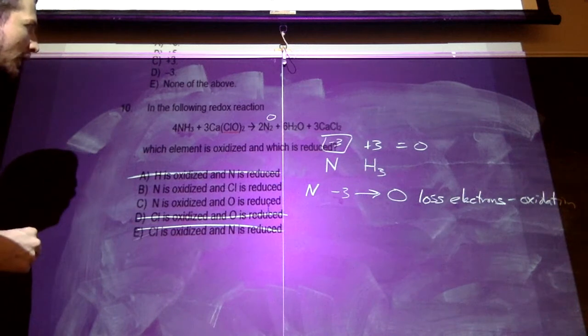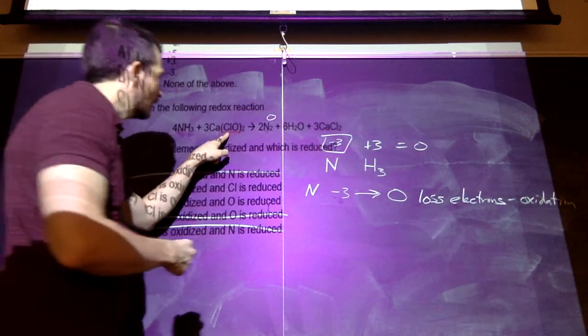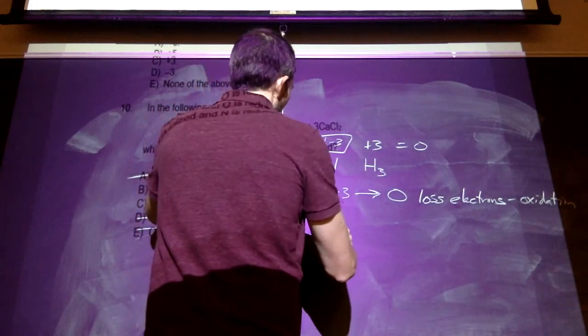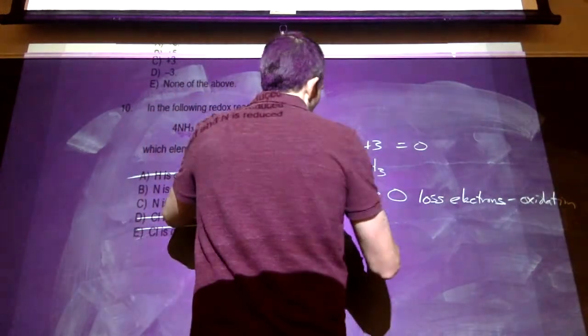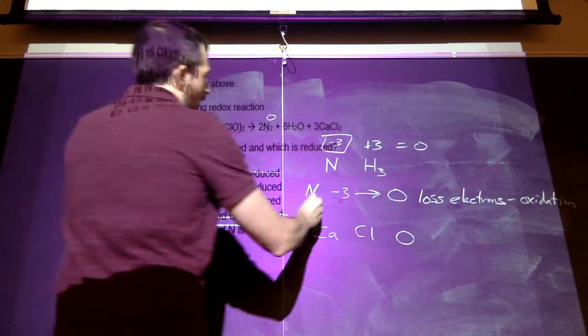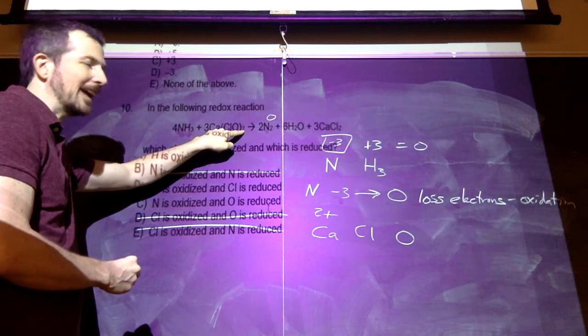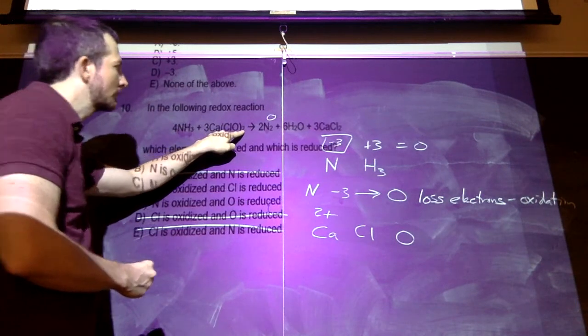So that leaves chlorine and oxygen. Let's look at chlorine and see if chlorine changes. So here I have calcium, chlorine, and oxygen. I know calcium's a 2+, oxygen is a 2-, and I have 2 of them.